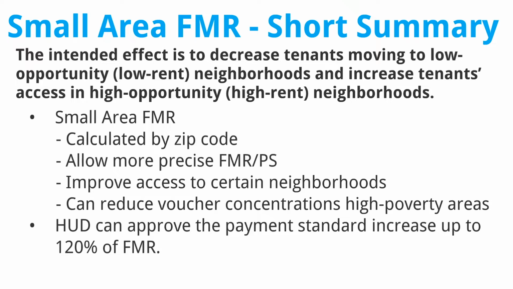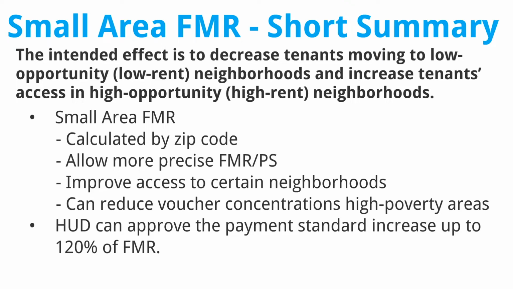HUD will only approve exception payment standard amounts if they're needed to help families find housing outside areas of high poverty concentrations, or because voucher holders have trouble finding housing to lease under the program. In certain situations, a PHA may receive HUD approval to increase the payment standard up to 120% of FMR or even higher.